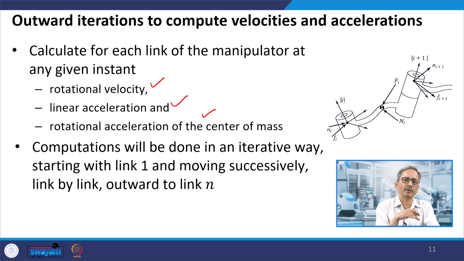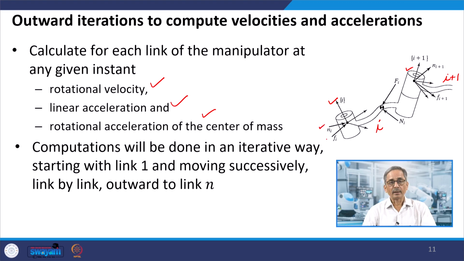We can start from the first link and move successively link by link outwards till we reach, say, the last link. Okay. Here a figure shows, say, this is your ith link, okay, and you have the i plus 1th link over here. Now, in this figure you have the ith frame here, which is attached at the beginning of the ith link, and you have the i plus 1th frame attached at the beginning of the i plus 1th link.